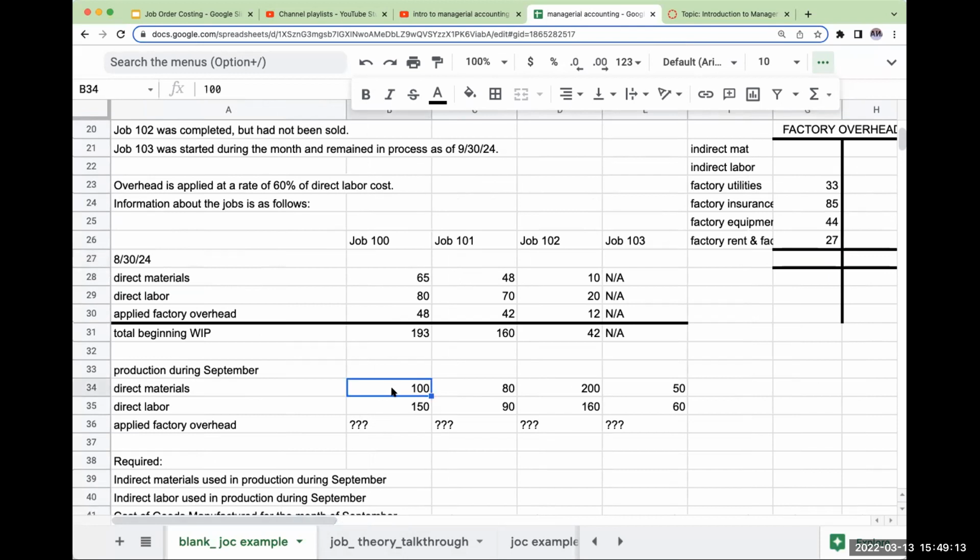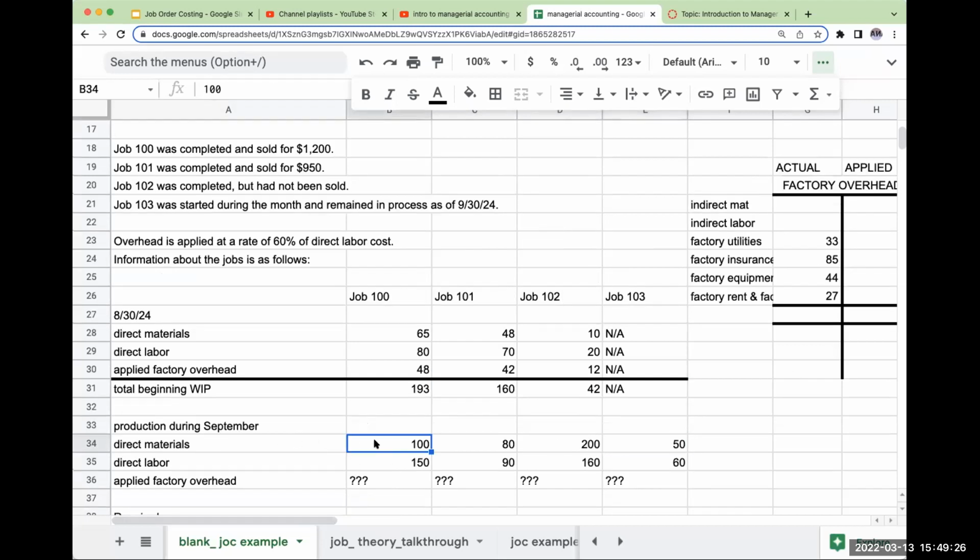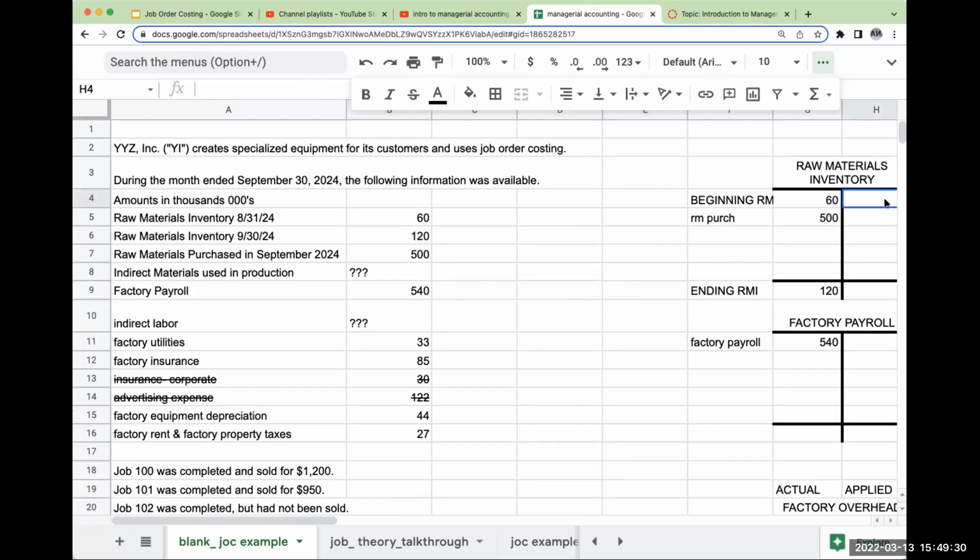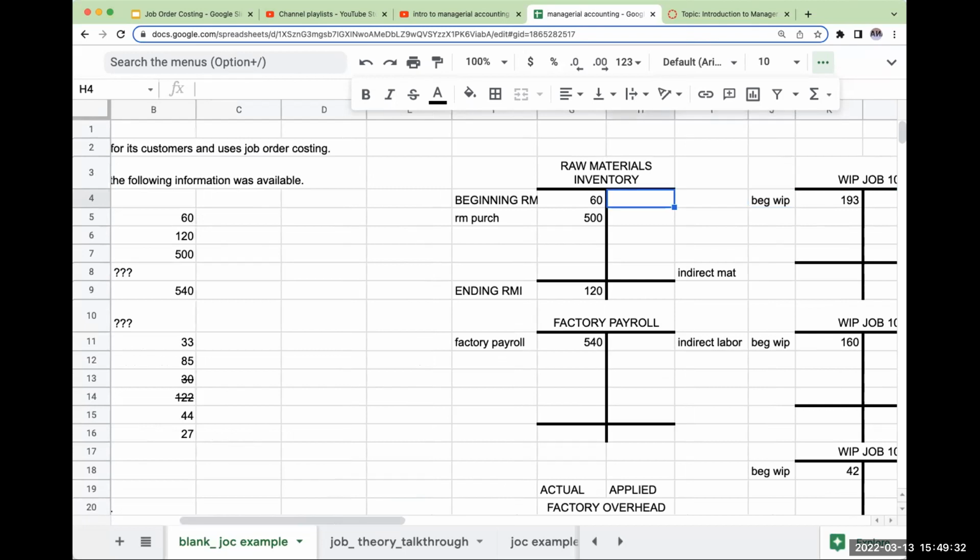Now, it tells us that the production during September, we had 100 of direct materials from job 100, 80 from job 101, 200 from job 102, and then 50 for job 103. So over here, what does that mean? Well, it's during the month of September, which is where I'm focused. So right over here, basically 100, this is to job 100.